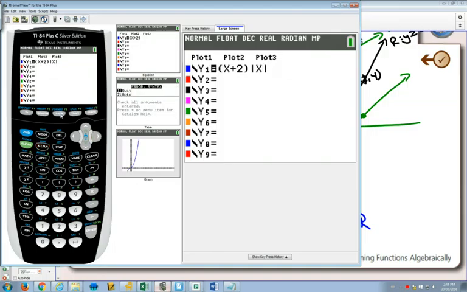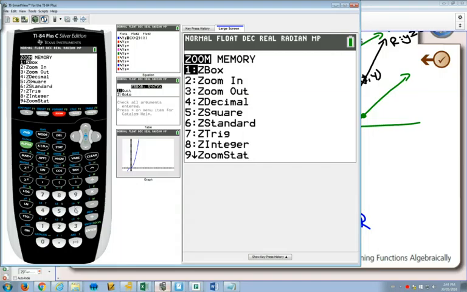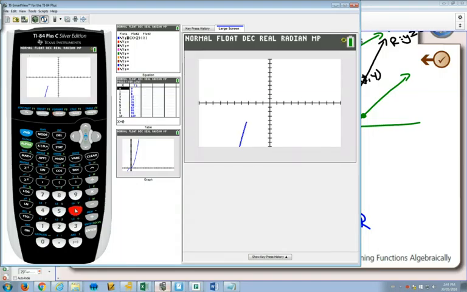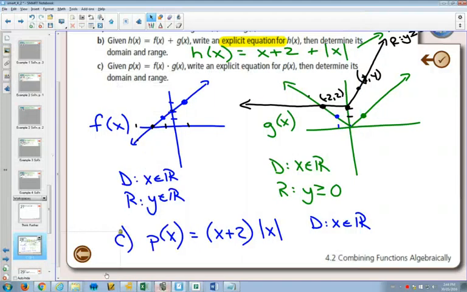So if we look at what this graph looks like, it almost looks like an x cubed graph with a little bit of a bounce at x equals 0. And in this case, the range is everything as well. And we could see that from the graph.